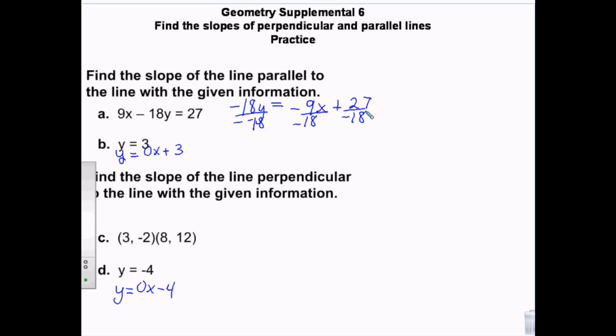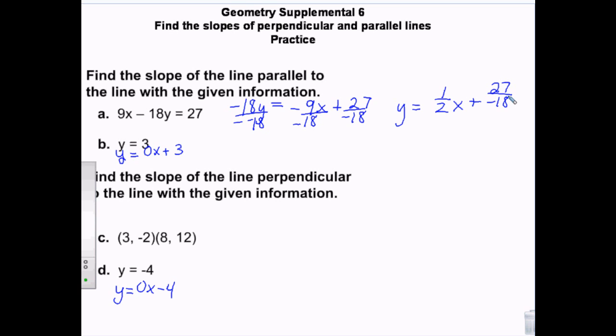And you know what? I honestly don't care what that is right now because all I'm trying to find is the slope. So I can just ignore this fraction altogether. I have a negative 9 over a negative 18. So I have y equals positive 1/2. And like I said, I really don't care what this is, so I'm just going to leave it like that for right now. So positive 1/2 is my slope.